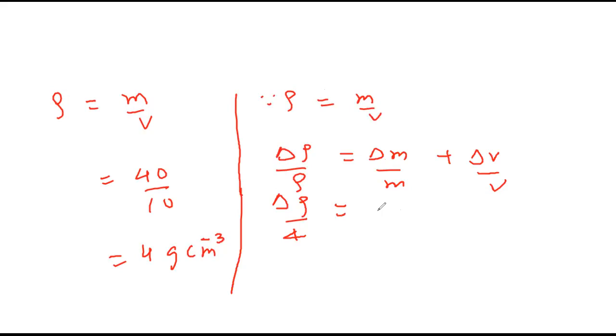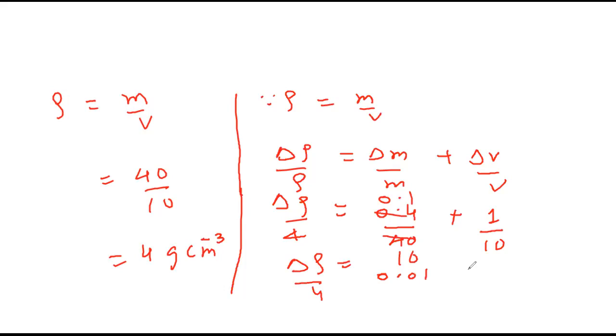Delta m is given 0.4. M is 40. Delta v is 1 and v is 10. So delta rho upon 4 equals 0.4 upon 40, which is 0.01, plus 1 upon 10, which is 0.1. That means delta rho upon 4 will be 0.11.